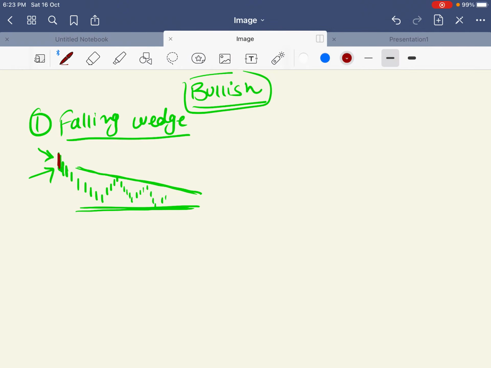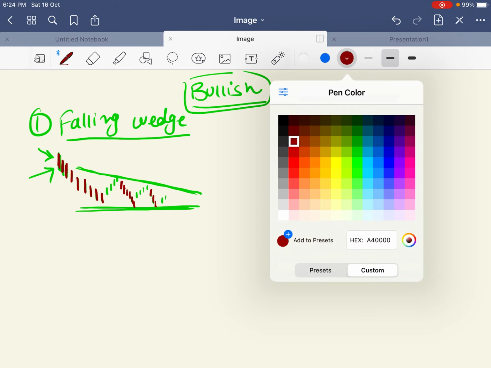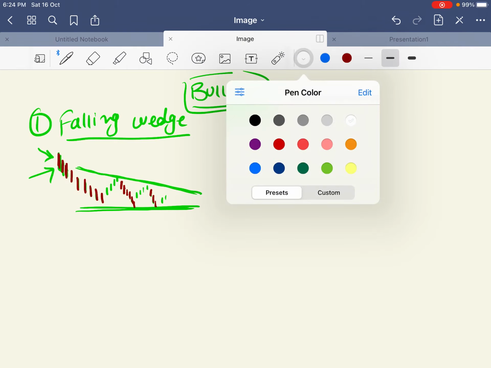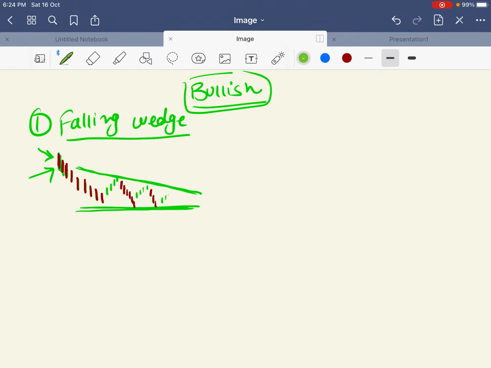From this point the trend is falling like this, then it pulls back, then again falling, then pulls back, then again falling, and again pulls back.